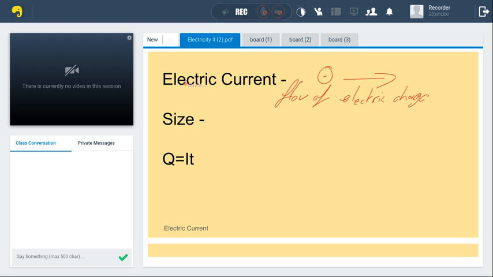And almost always when we say this, we're talking here about the flow of electrons.